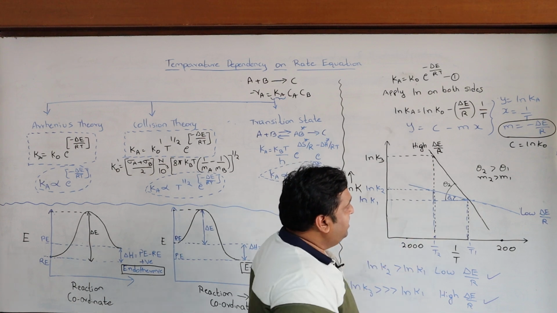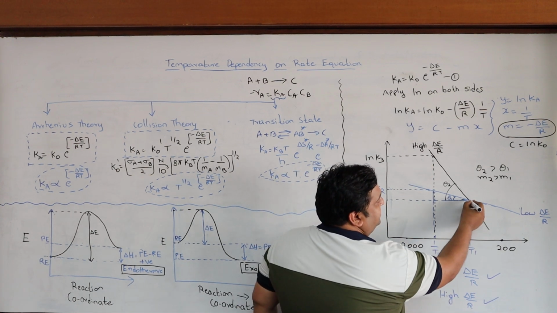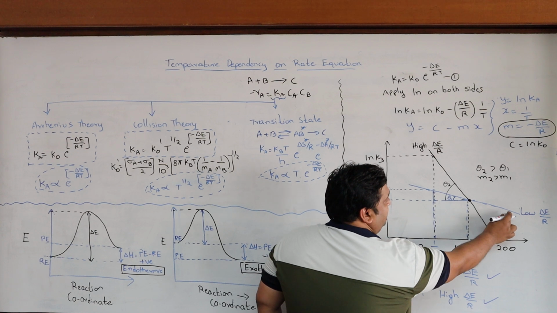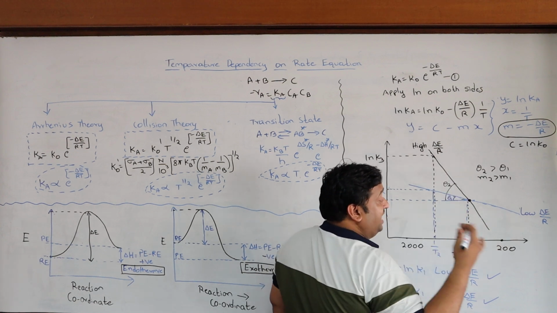So let us take a basis here. The blue one is the low activation energy line, and the black line is the high activation energy line.